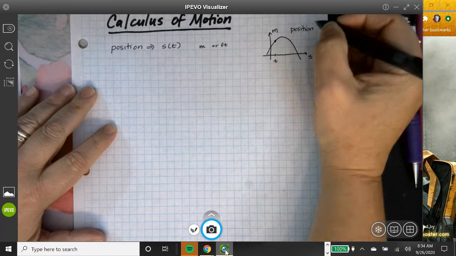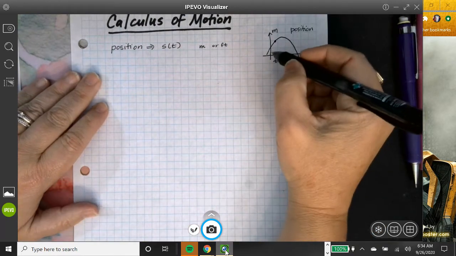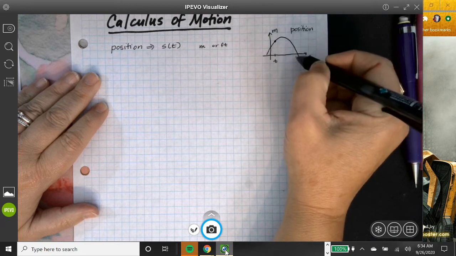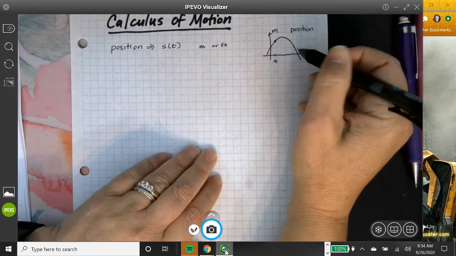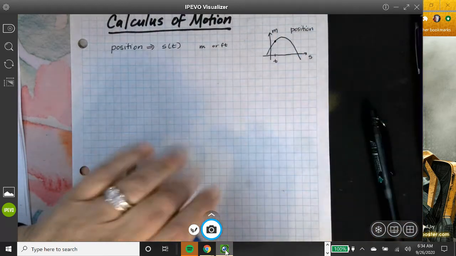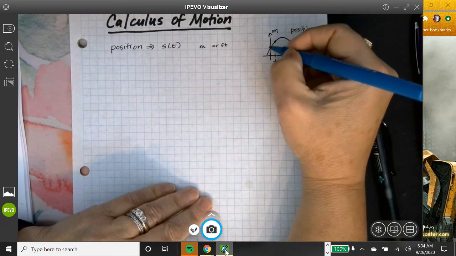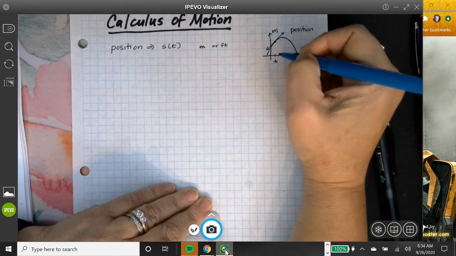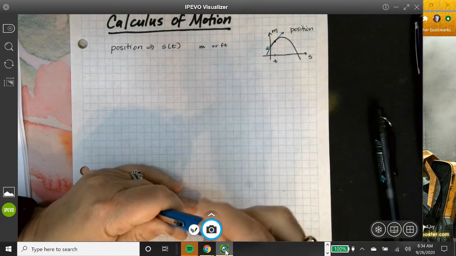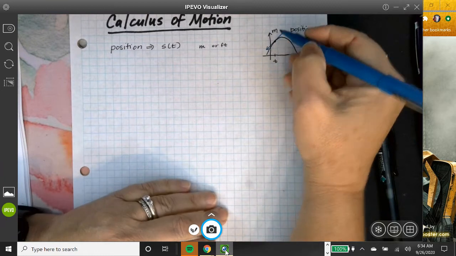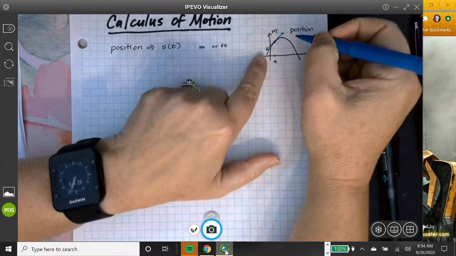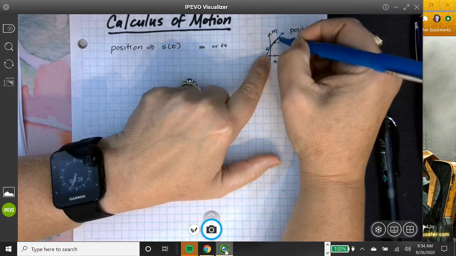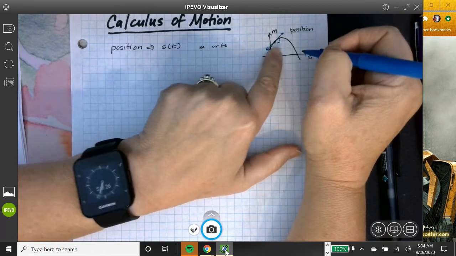All right, well, this position, my position, or the particle's position, has an instantaneous rate of change, which means it has a tangent line that has a slope, which is the instantaneous rate of change at this position. And if I think about what the slope is, and I'm just going to put a triangle here to indicate what the slope is.